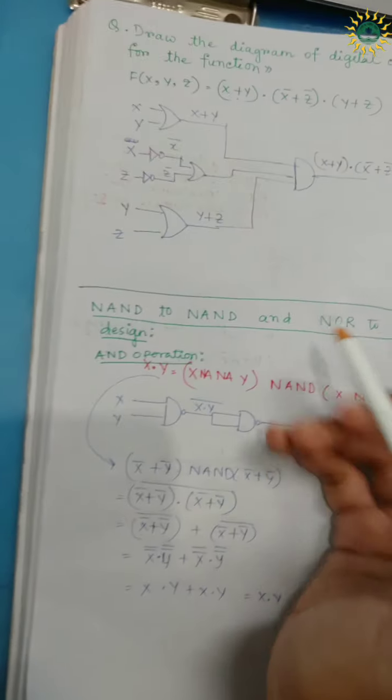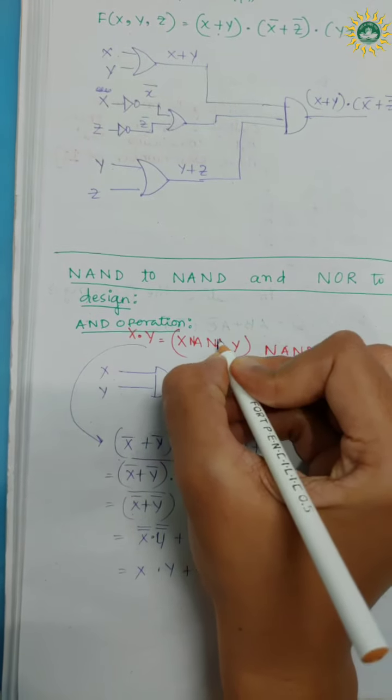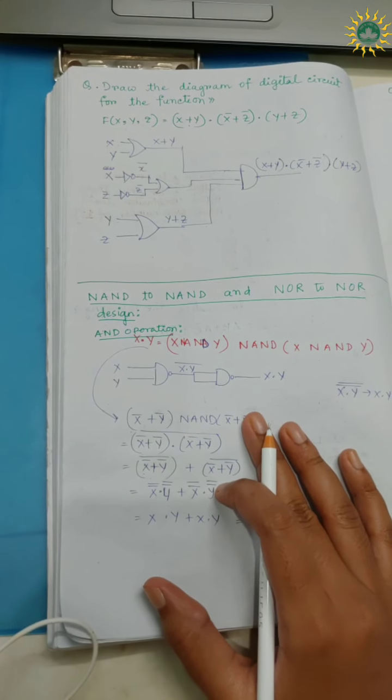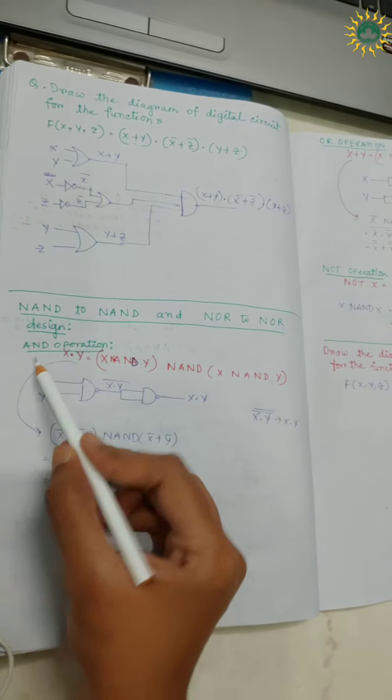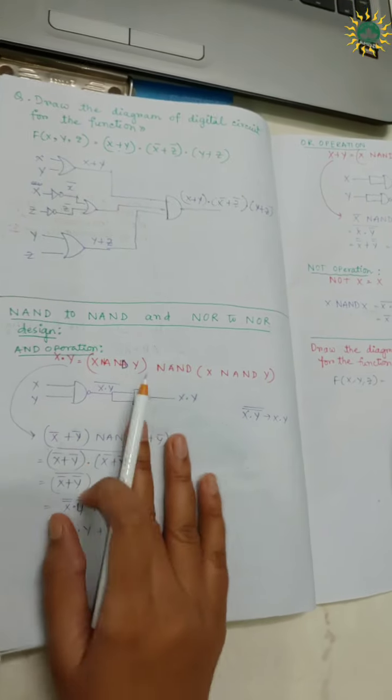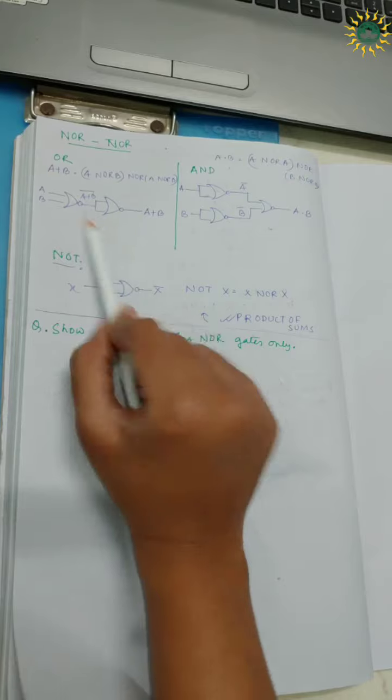So we will express all the basic operations, that is AND operation, OR operation, and the NOT operation using the NAND gate, and then we will express them using the NOR gate as well.